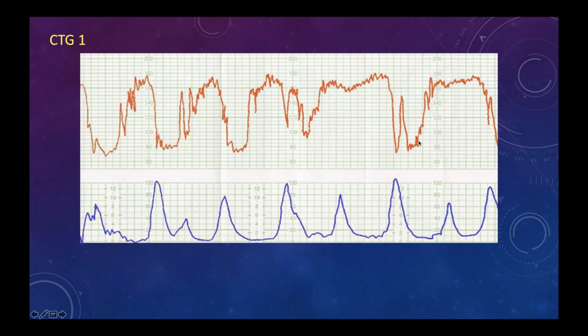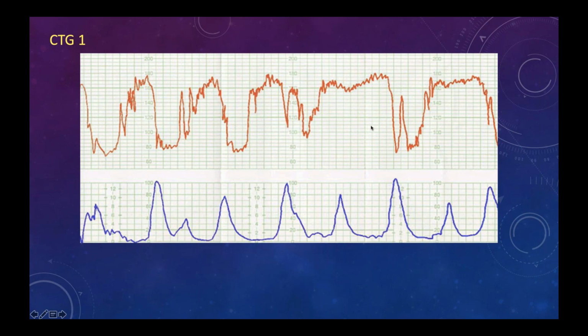Now comment on the decelerations. What type of deceleration? I can say these are variable decelerations. Yes, these are variable decelerations because there is shouldering, and because every deceleration is different.